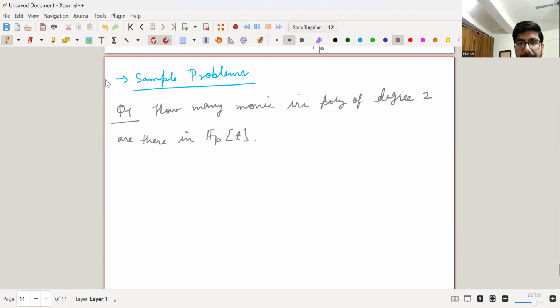So that's a counting problem. How many monic polynomials of degree 2 are there in Fp[x]?